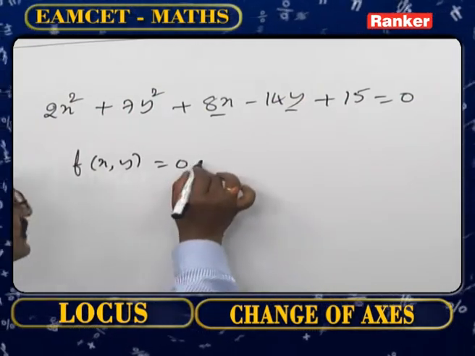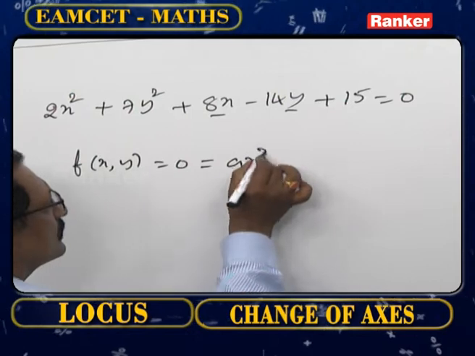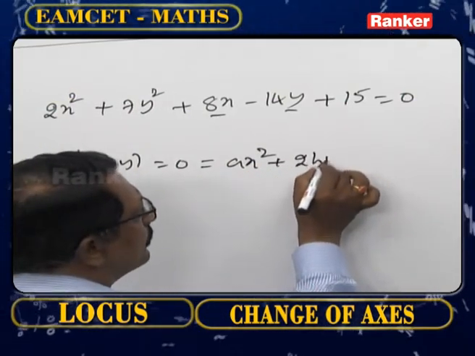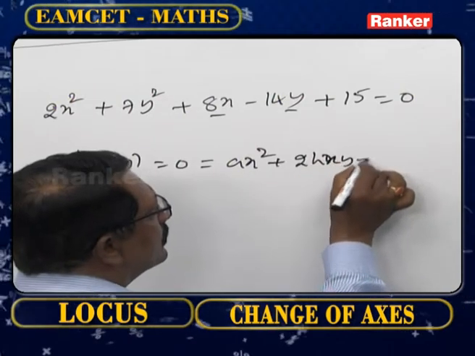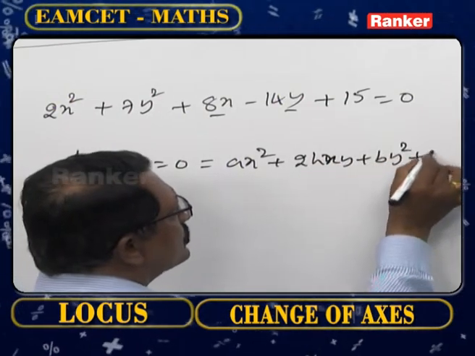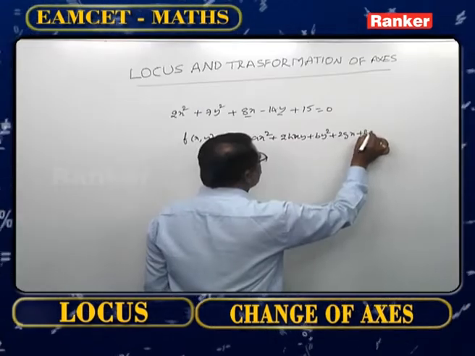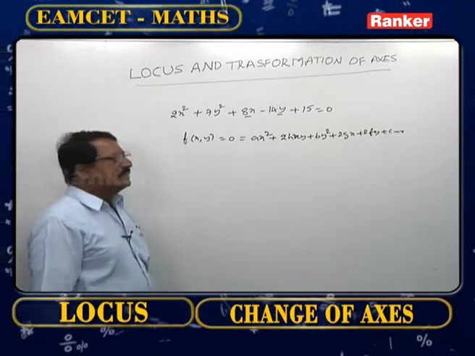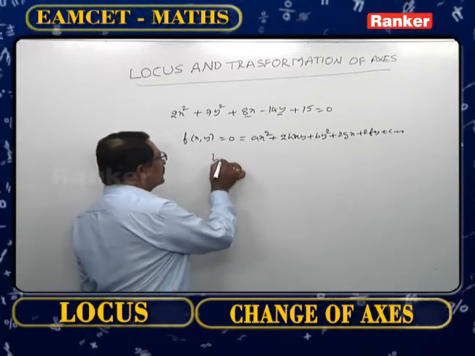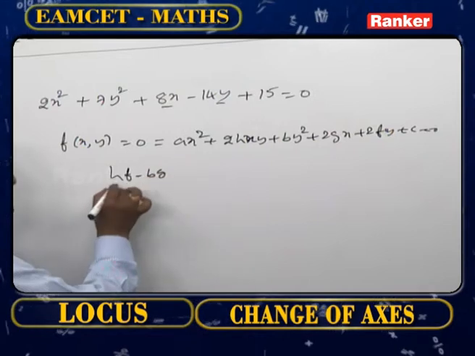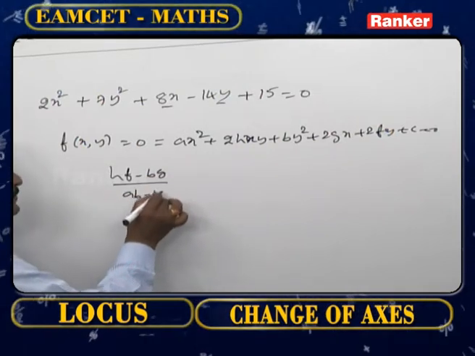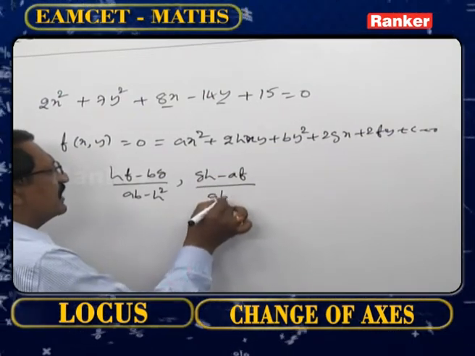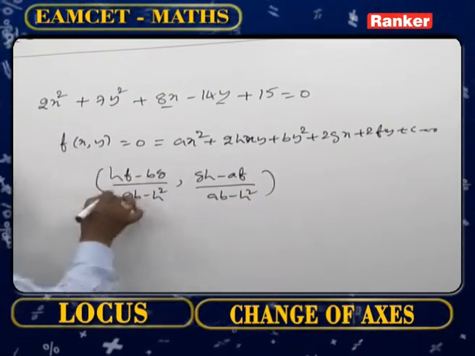If the equation is f(x, y) = ax² + 2hxy + by² + 2gx + 2fy + c = 0, then the new origin is ((hf - bg)/(ab - h²), (gh - af)/(ab - h²)).